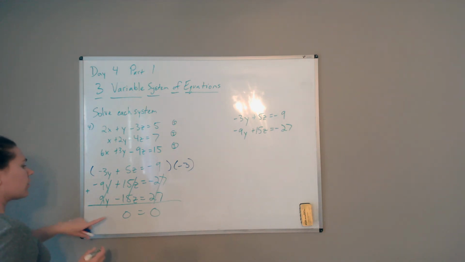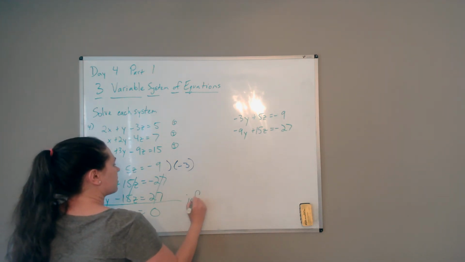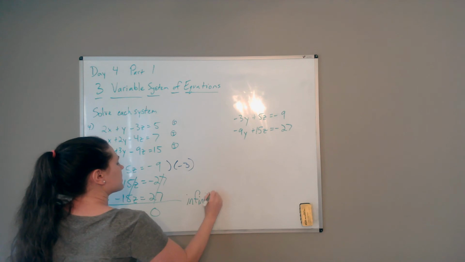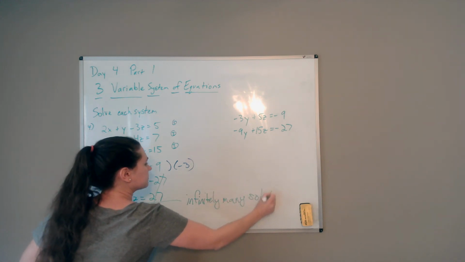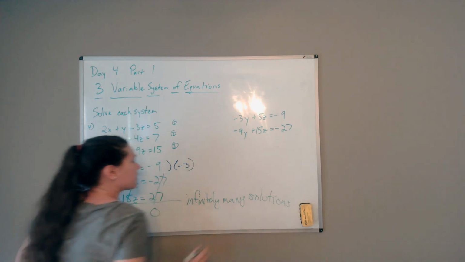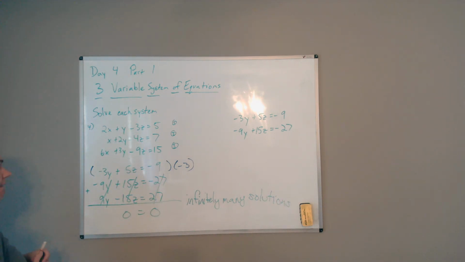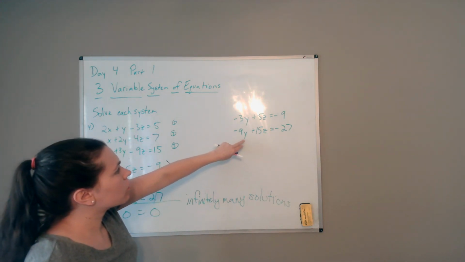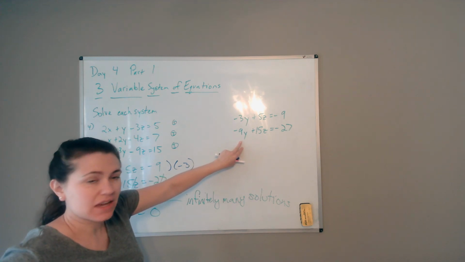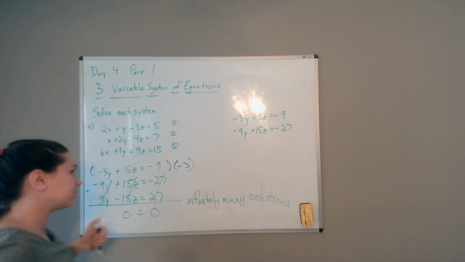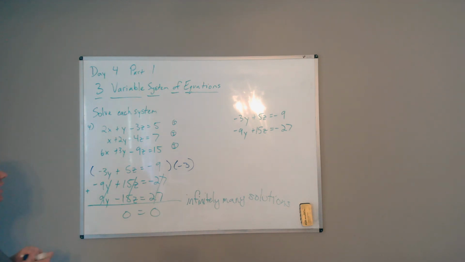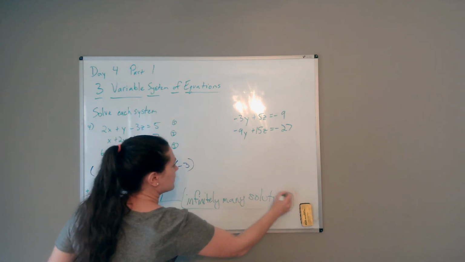So that means we have infinitely many solutions. So any coordinate point y comma z that falls on this line is a solution. Okay, so we have infinitely many solutions here.